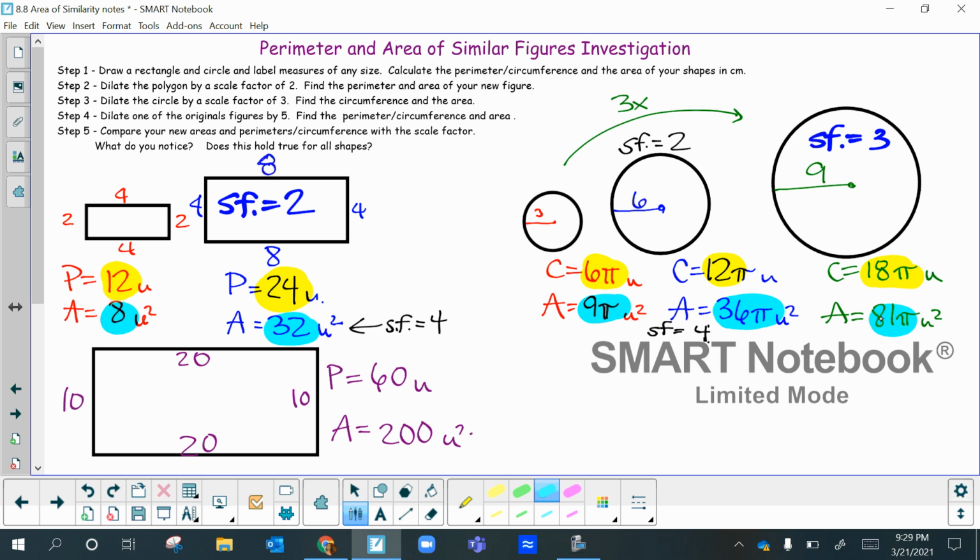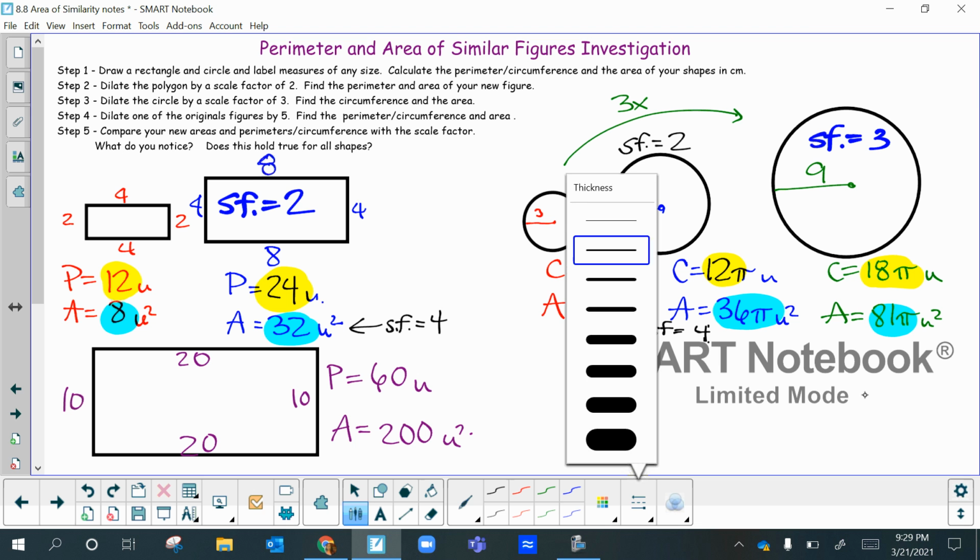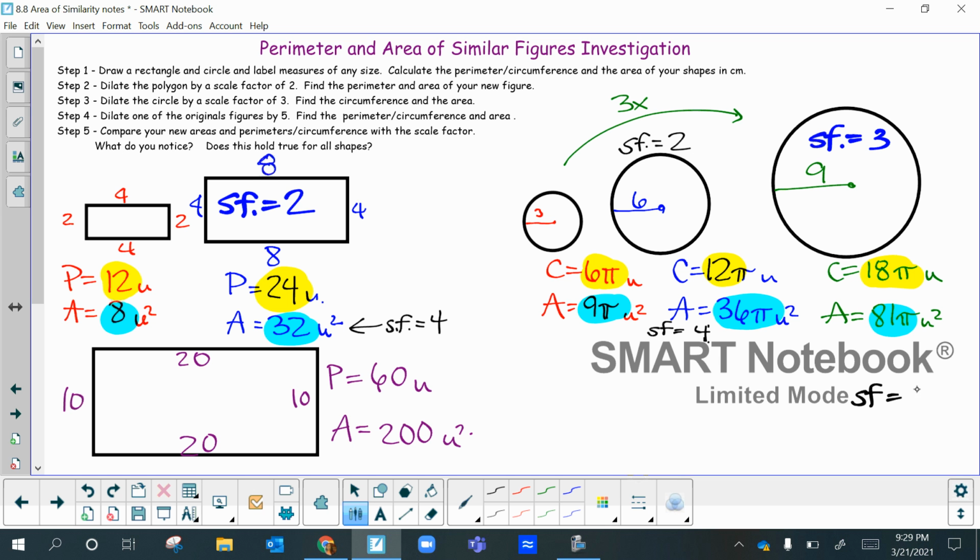It got 9 times bigger. So your area scale factor for the areas was 9. The scale factor was 9 for that area right there. And so those are some things that you have to notice.